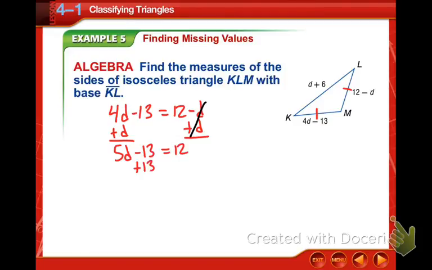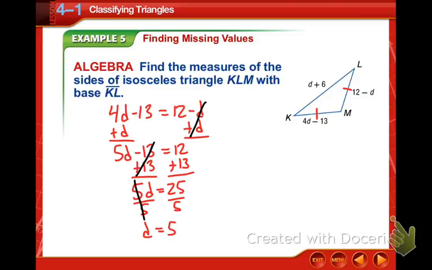We're going to add 13 to both sides. 5D is equal to 25. And then we're going to divide by 5. D is 5.